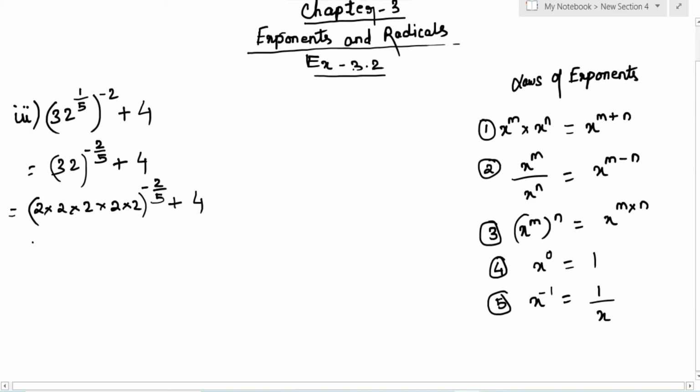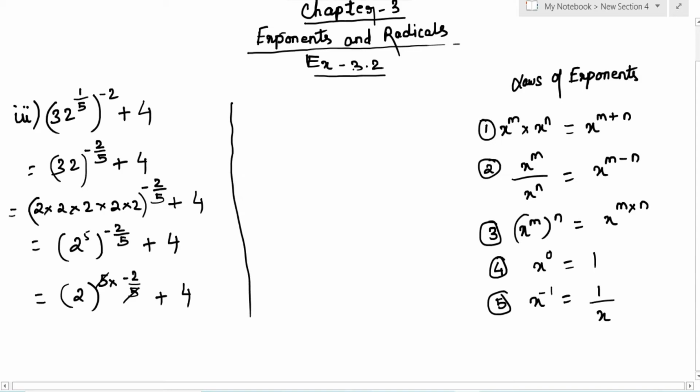Now this can be written as 2 to the power 5 whole to the power minus 2 by 5 plus 4. Now power to the power is going to multiply, that is 5 into minus 2 by 5 plus 4. So 5 and 5 are going to be cancelled. Next the remaining value is 2 to the power minus 2 plus 4.